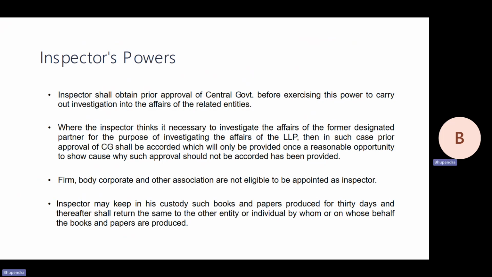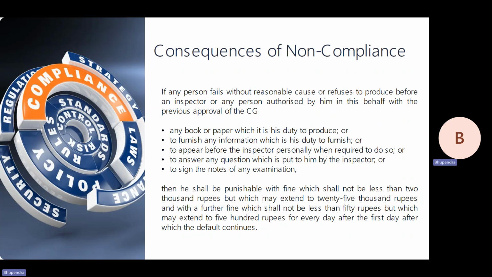So consequences of non-compliance, various compliance we talked about, like what are the consequences of non-compliance? First, let us see what are the non-compliances which can be there in case of LLPs.